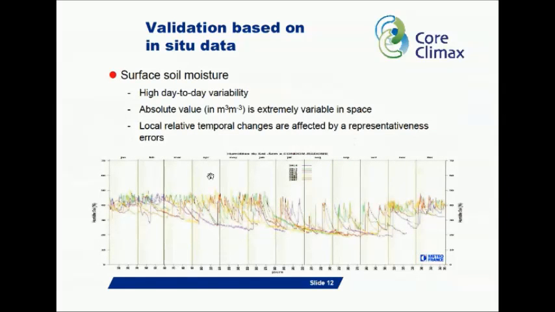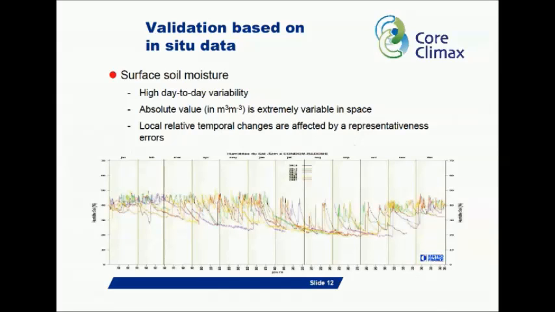So this figure shows a time series of surface soil moisture. These are measurements at a depth of 5 centimeters, and each color represents a different year. The time series starts in 2007 and continues to 2014. You can see that there is an annual cycle, of course, with the lowest values observed at summertime. But there is also a very large day-to-day variability related to the precipitation regime and to the evaporation.